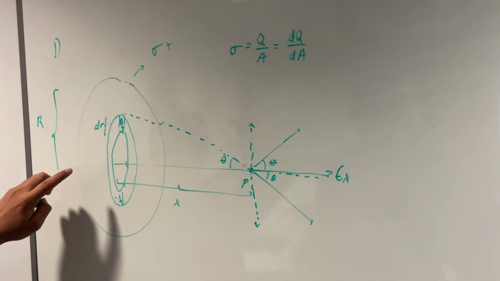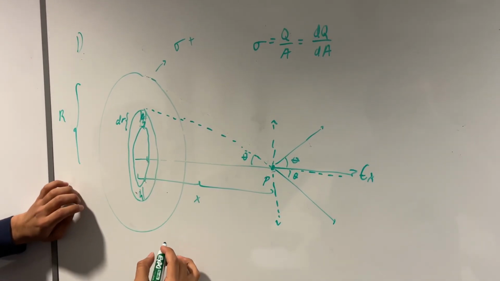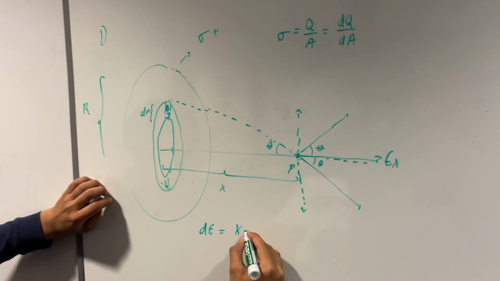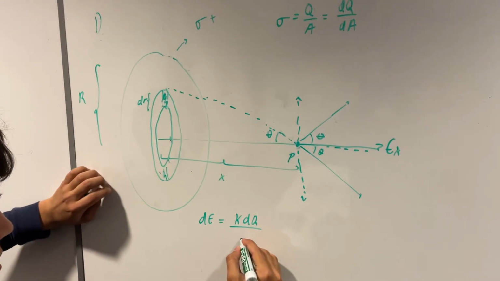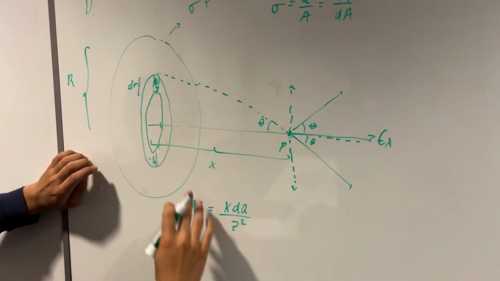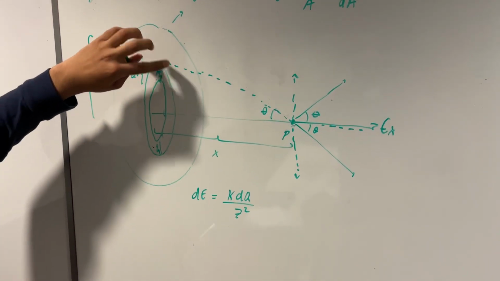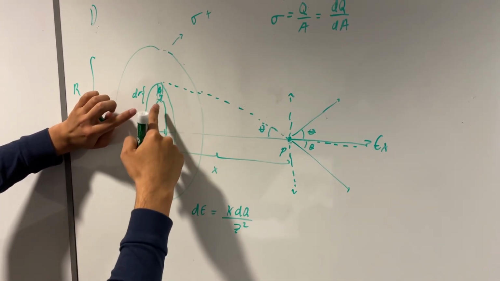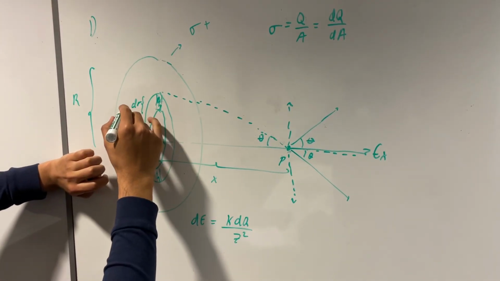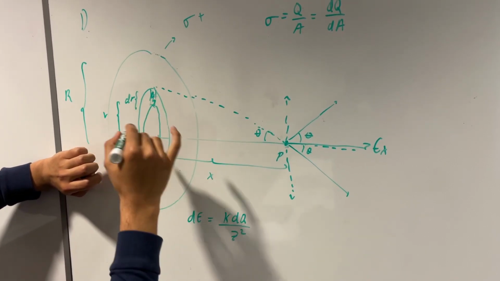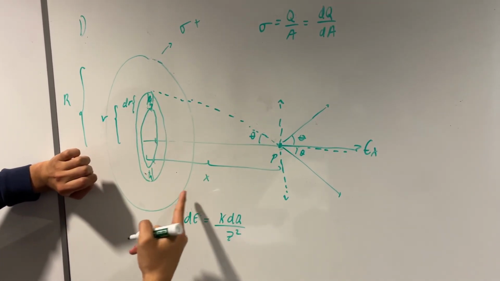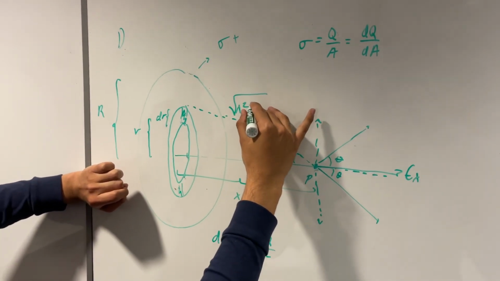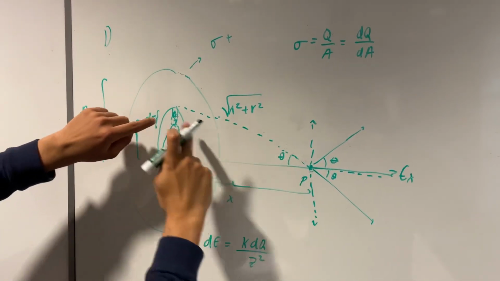Now, the way we're gonna do this is that we know that dE is equal to k dq over the distance squared, just this distance here. We can find this distance because this is how much we increment in r. So this distance right here is gonna be little r, and using Pythagorean terms, x squared plus r squared equals that side.